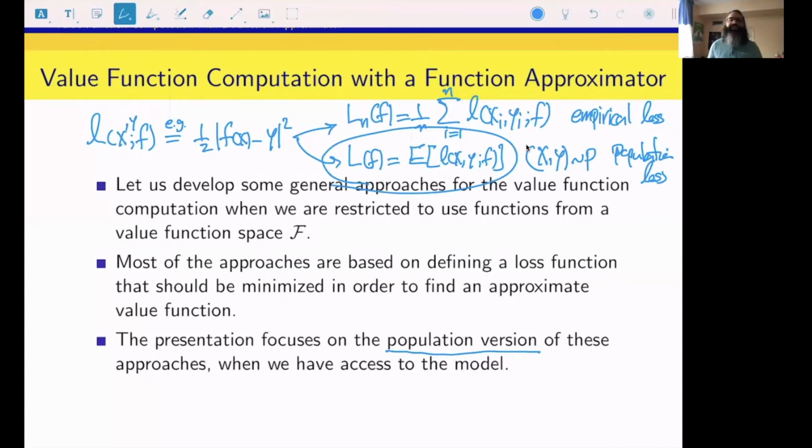Sometimes they're not necessarily loss functions. And then, as you will see, if we know what this population loss function is, in many cases we just go from this population version to the empirical one by just substituting the expectation with some summation over the data. So understanding the population loss is going to be useful.